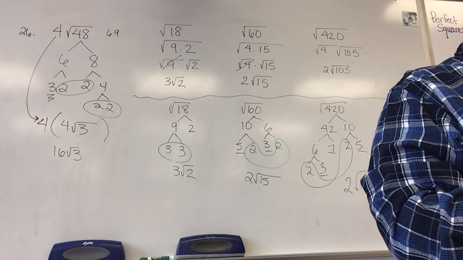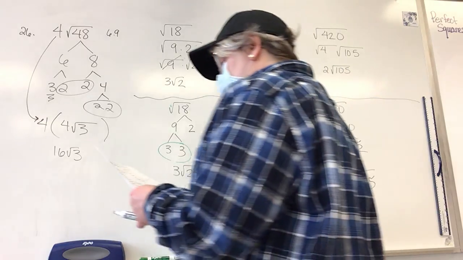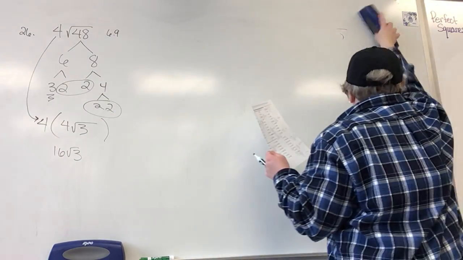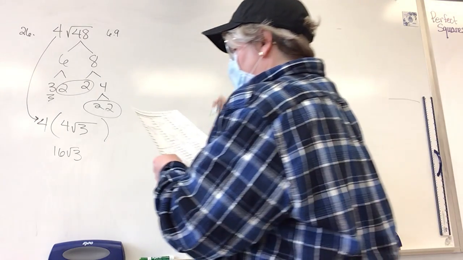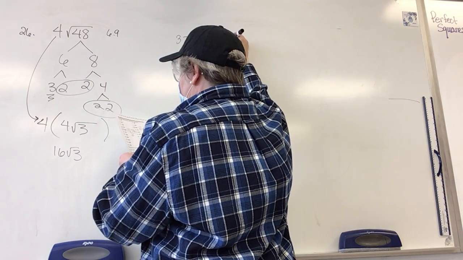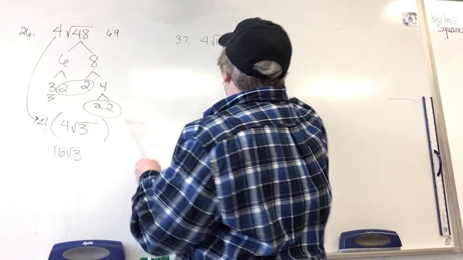Okay, let's do number 37. 37 is 4 radical 10 times 3 radical 6.